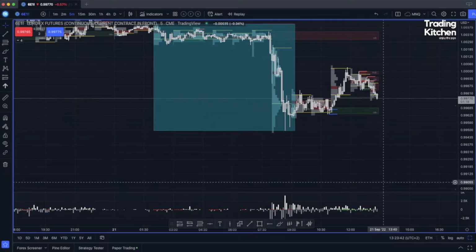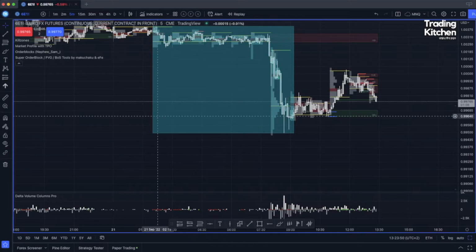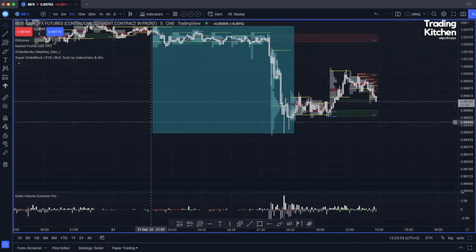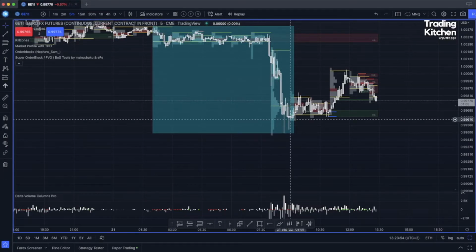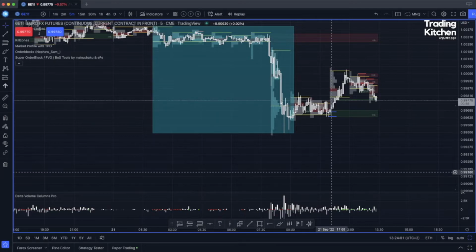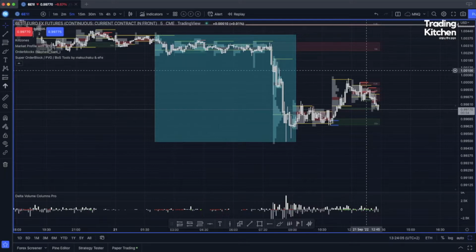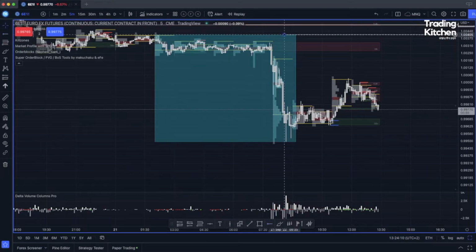And so the first indicator is this one, Kill Zones, which is this blue box. Basically this is the Asian session. The reason why I want this indicator is to easily identify the Asian session and to highlight the Asian high and the Asian low.